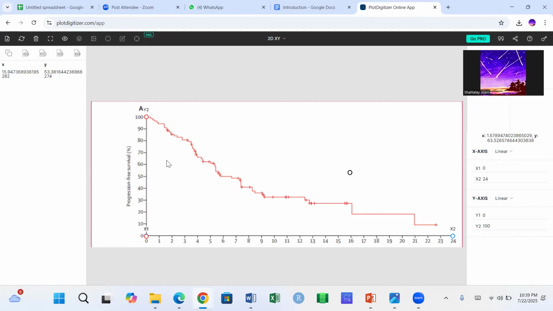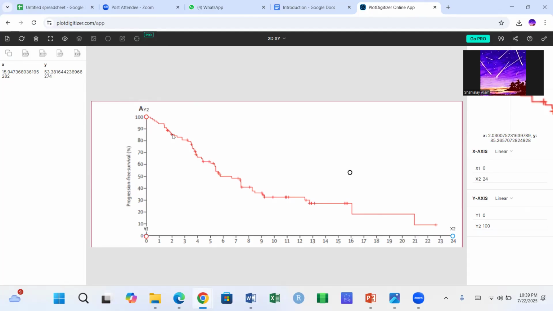I'll scroll here and look at the place where 2 is coming. It's 1.96 on the x-axis. You can go up or down by 1 or 2 decimal points, but not 1.8. It should be 2.